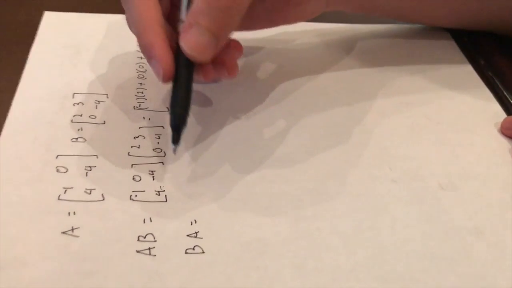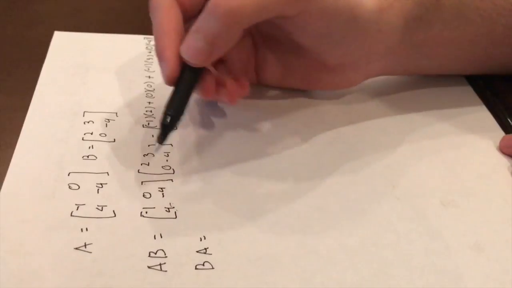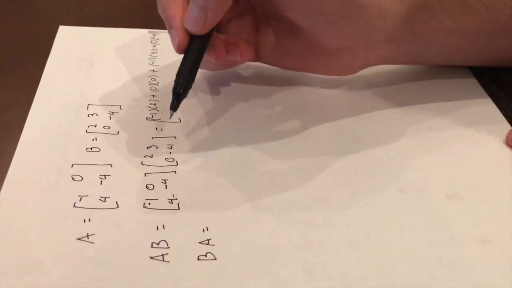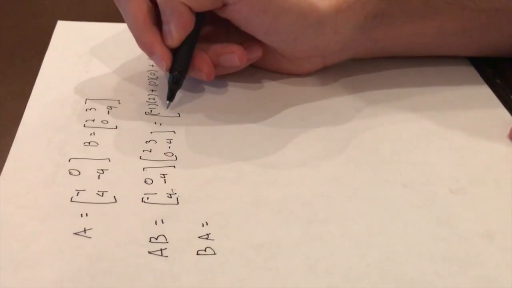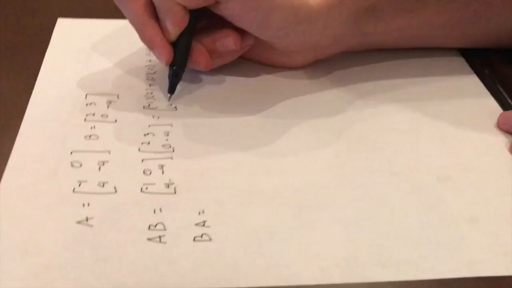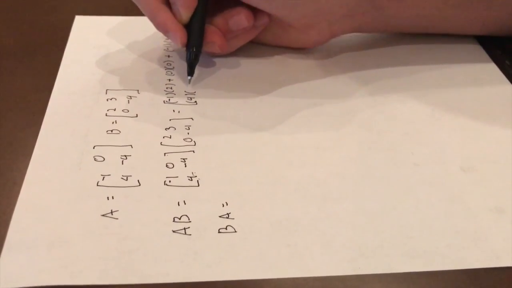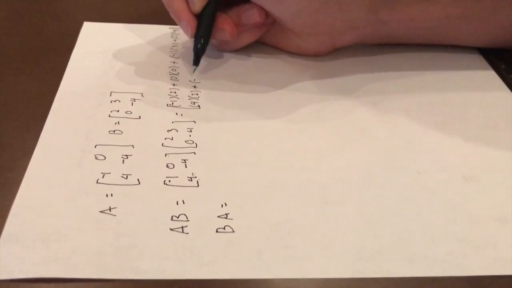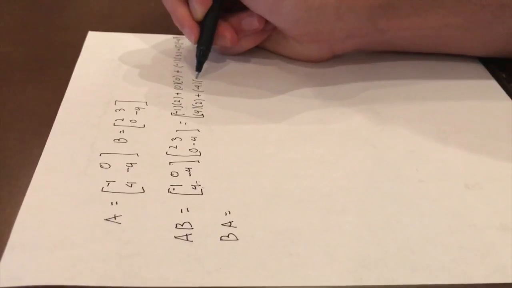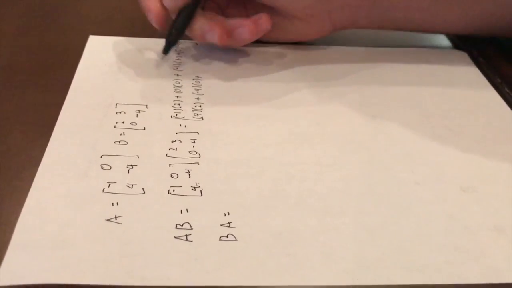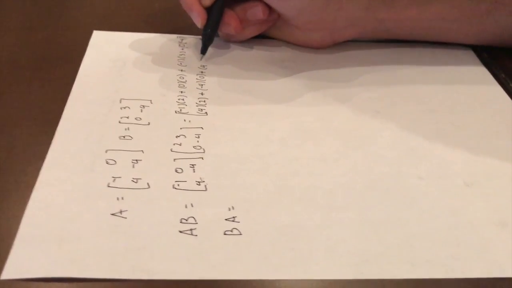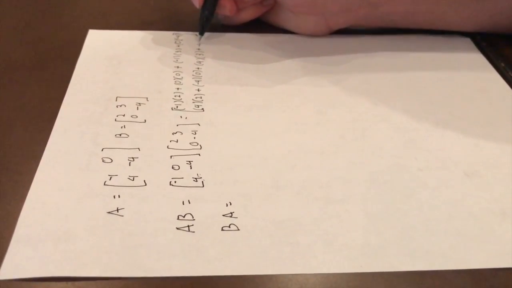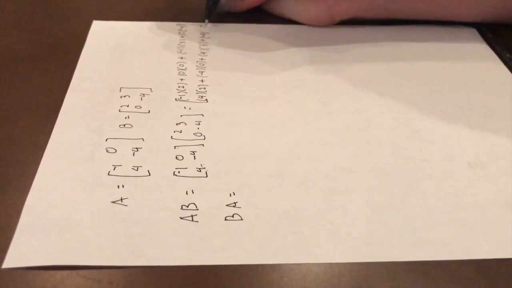So we'll do the same order. This one with this one, this one with this one, this one with this one, this one with this one. So it's going to be 4 times 2 plus negative 4 times 0 plus 4 times 3 plus negative 4 times negative 4.